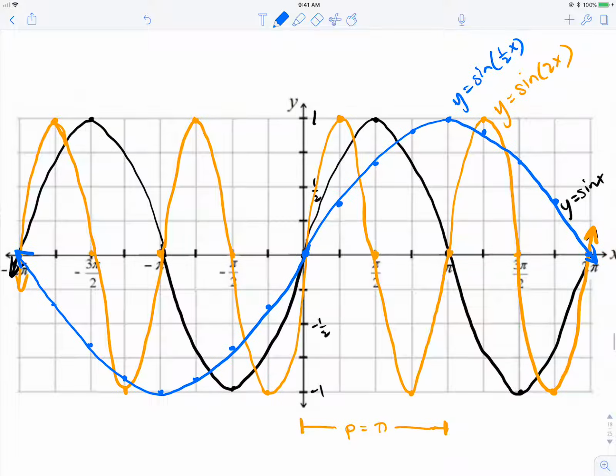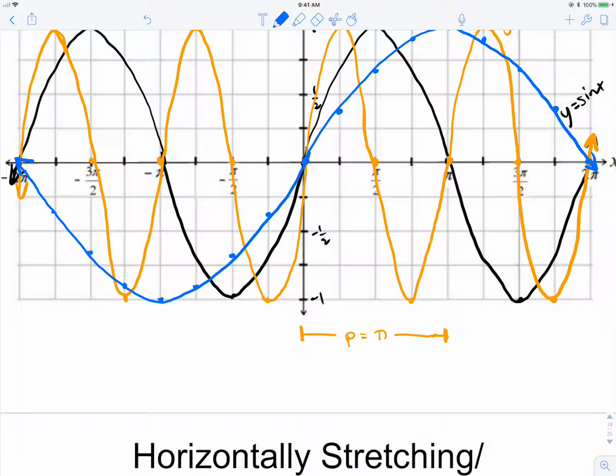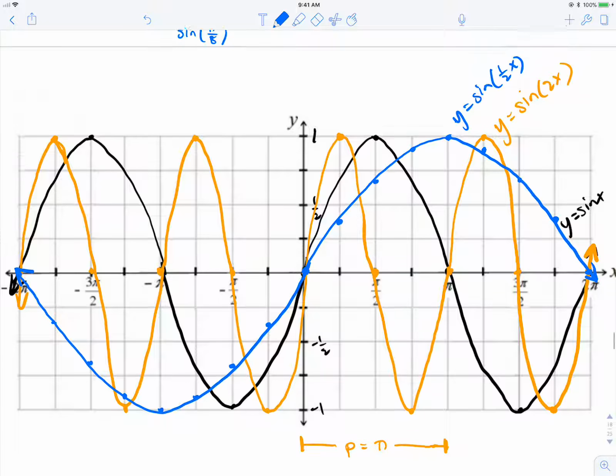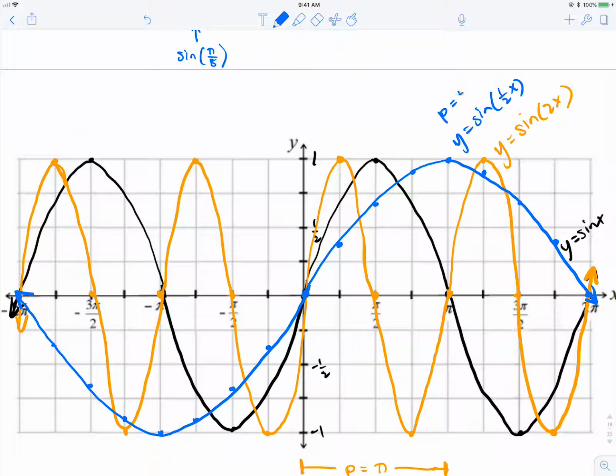And the period of sine of 1/2 x is actually going to be 4 pi. And we can see that from negative 2 pi to 2 pi, which is an interval length of 4 pi, we have all the negative values of sine and the positive values of sine. So the period for this one is 4 pi.